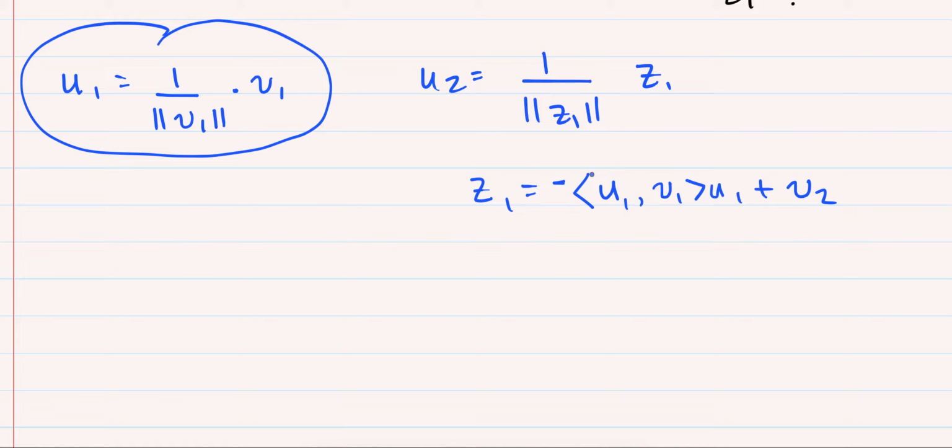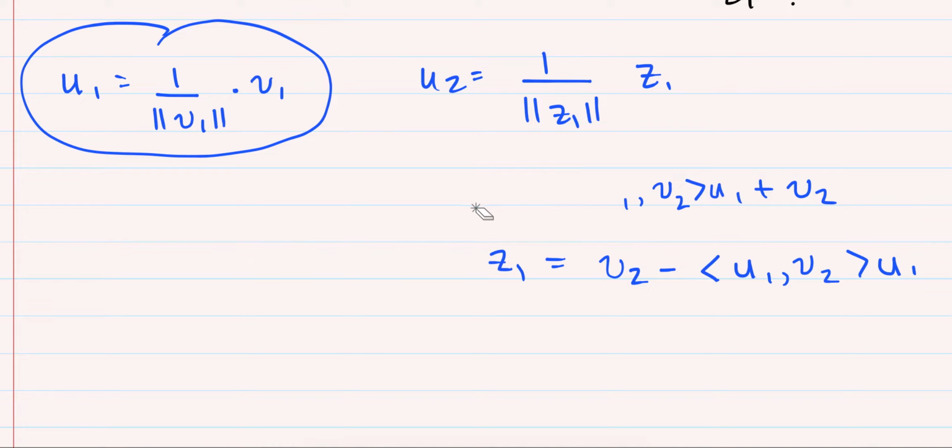Because we defined Z1 as C times U1 plus V2. So Z1 is V2 subtract the inner product of U1 with V2 times U1. That's how you're going to figure out U2.